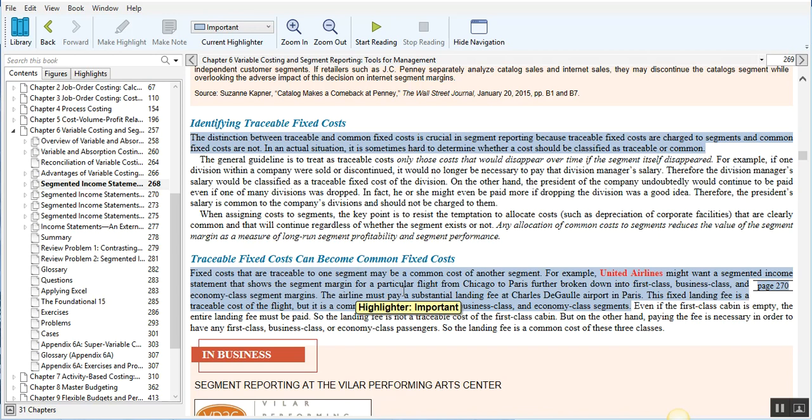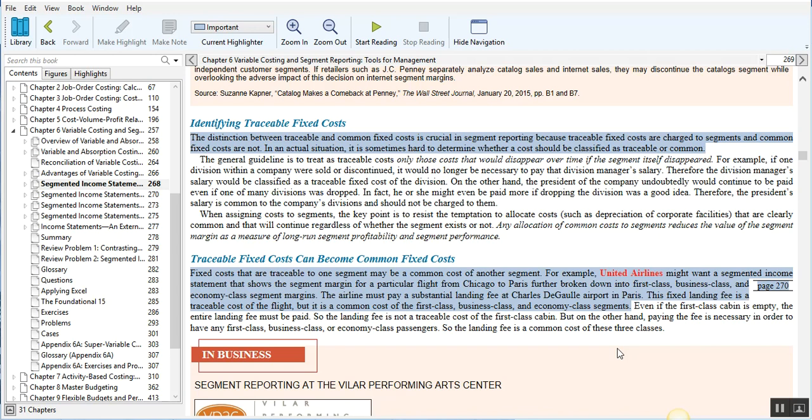And they give the example here of United Airlines flying from Chicago to Paris. They charge them a landing fee at Charles de Gaulle Airport in Paris. And so that landing fee is a traceable cost of the flight, but it's a common cost when you're talking about what kind of tickets you sold on the aircraft.